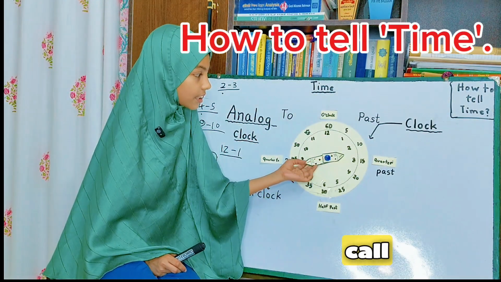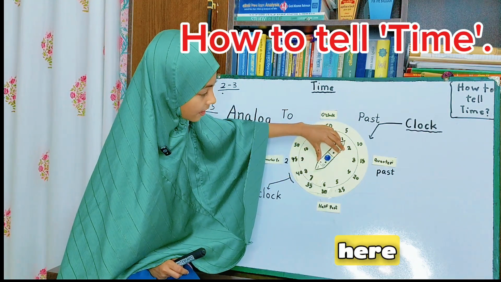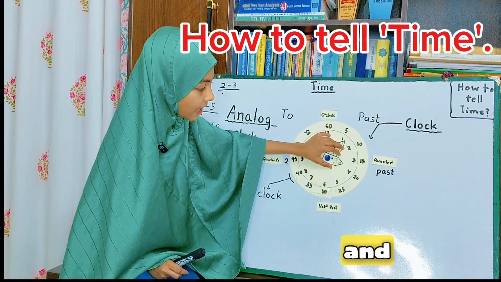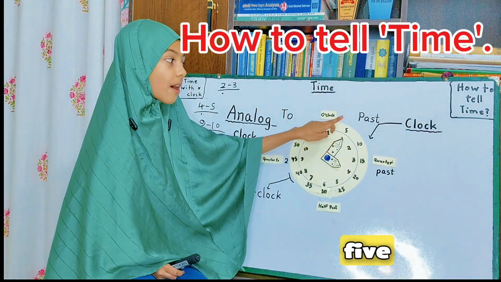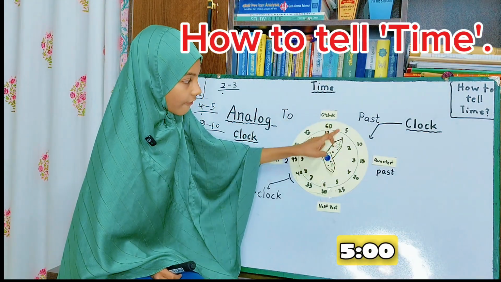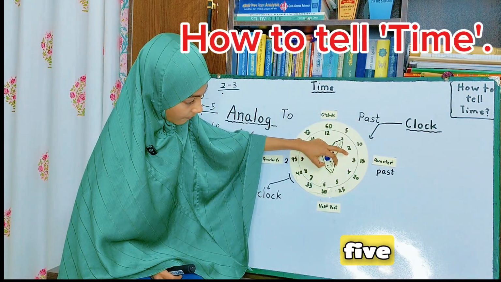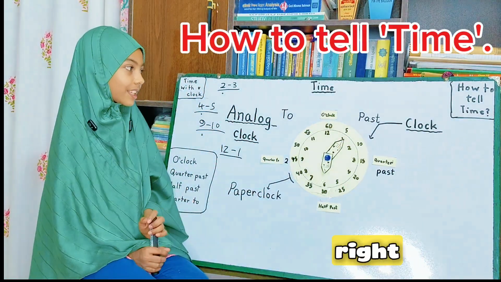Like, we call it a 5. So if the minute hand is on 1, and the hour hand is on a specific number, we call it 5 past the number. And then 5 past 5, 5 past 6. Easy, right?